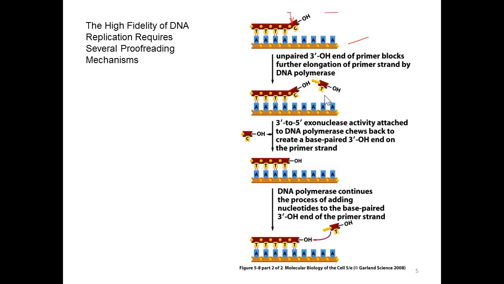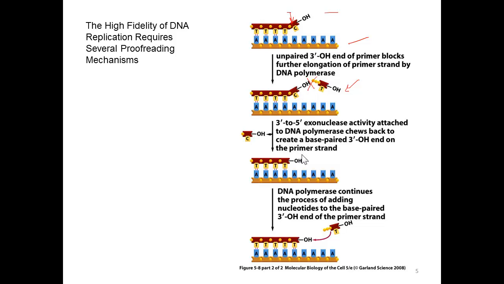This is already a rare event, but it does happen. Now the polymerase is coming in and trying to add a second base, but it's going to recognize that the base which it's trying to attach to the 3' hydroxyl is not correctly binding the existing template strand, and so it will not make an attachment here.